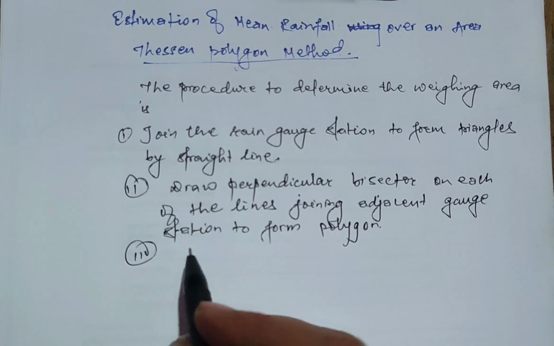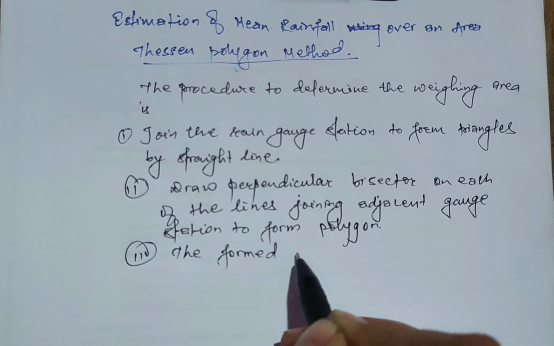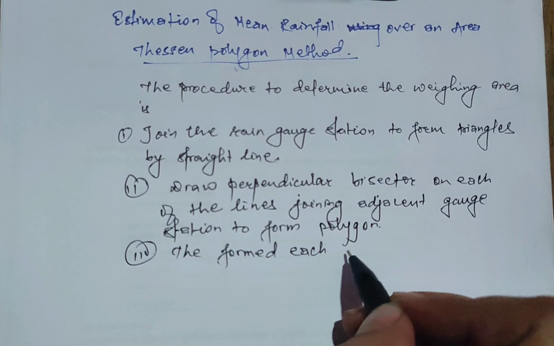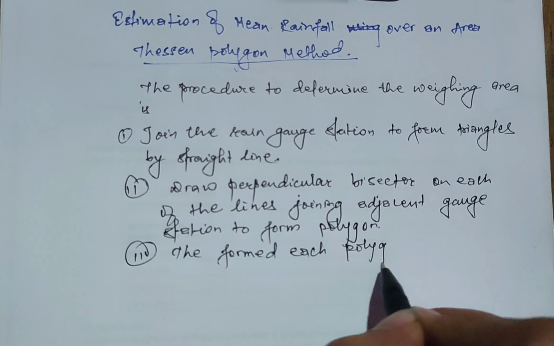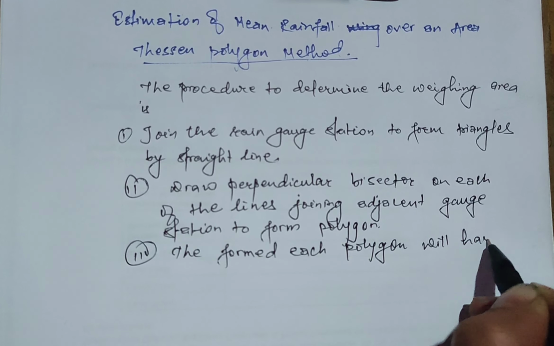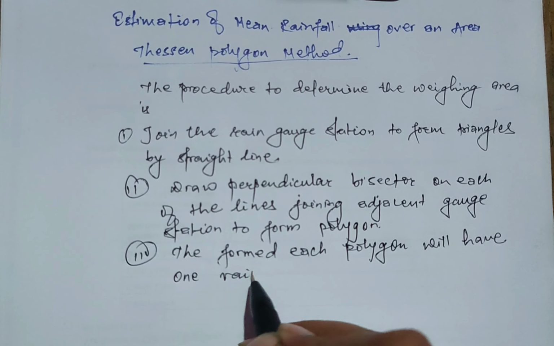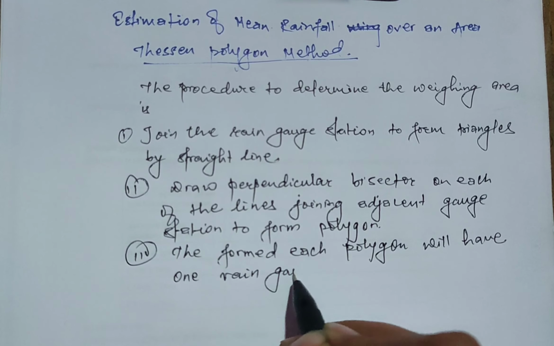And in the third, each formed polygon will have one rain gauge station.